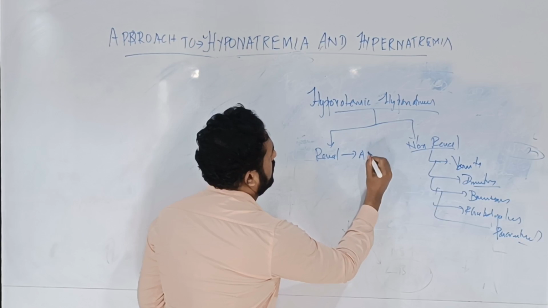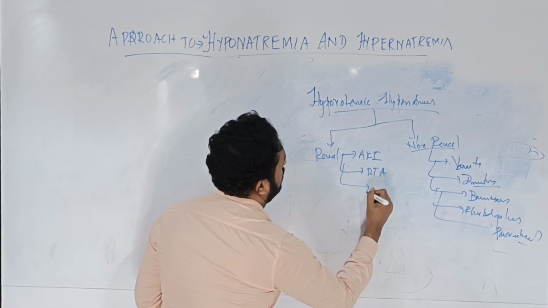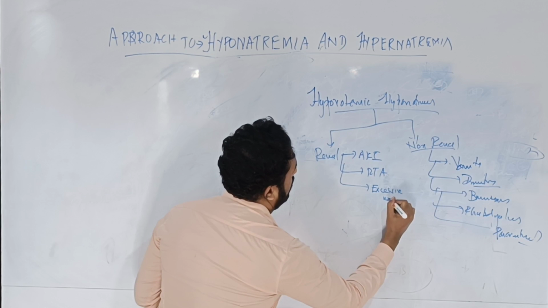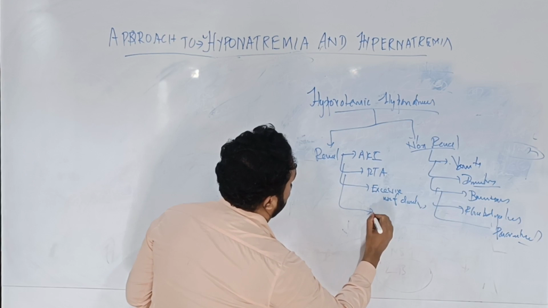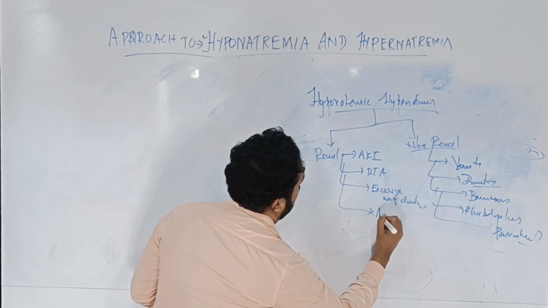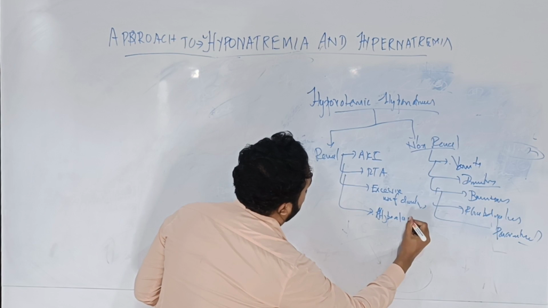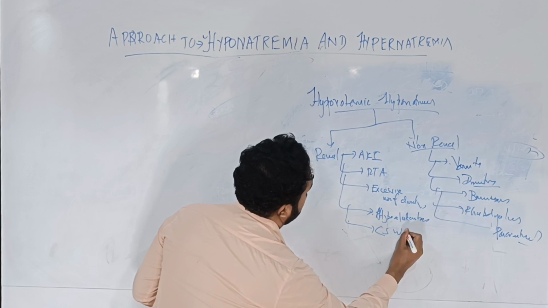And the renal causes are acute kidney injury, renal tubular acidosis, excessive use of diuretics, hypoaldosteronism, and also something which is known as cerebral salt wasting syndrome.